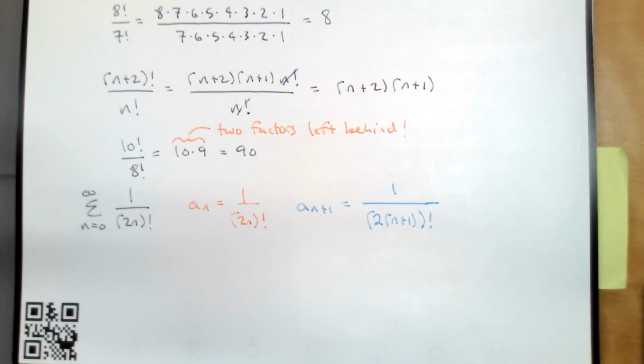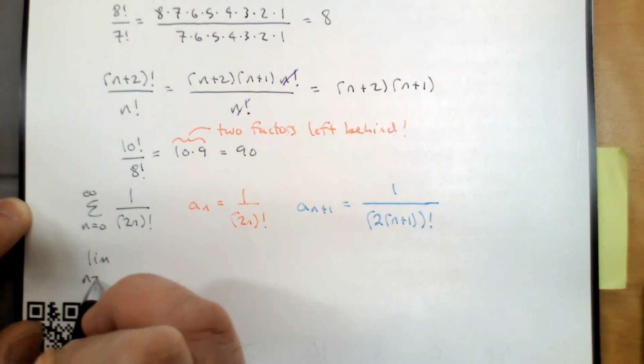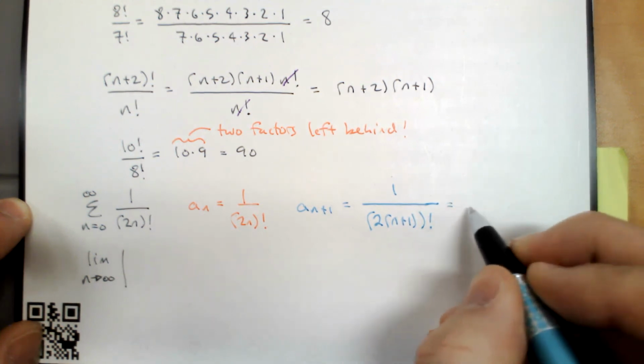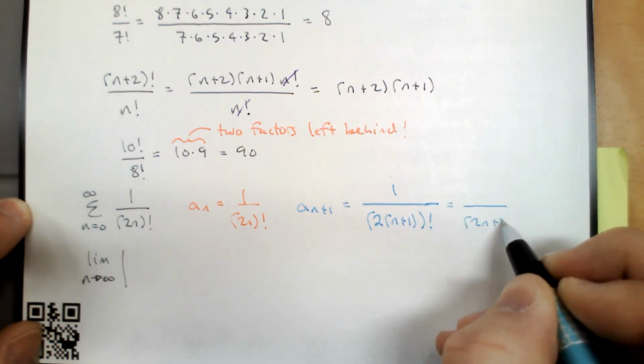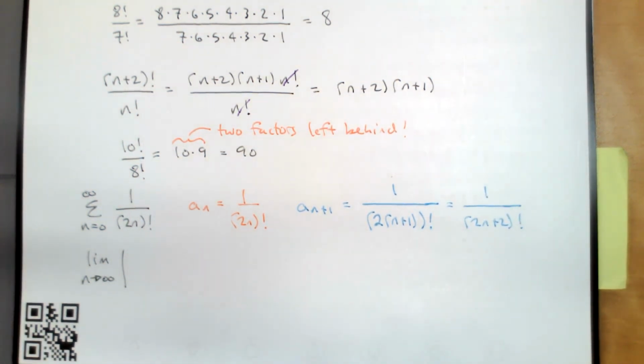So we add 1 to the n, then we multiply by 2, then we factorial. So notice that our a_{n+1} is actually the factorial of 2n plus 2. The factorial of the sum of twice a number and 2.